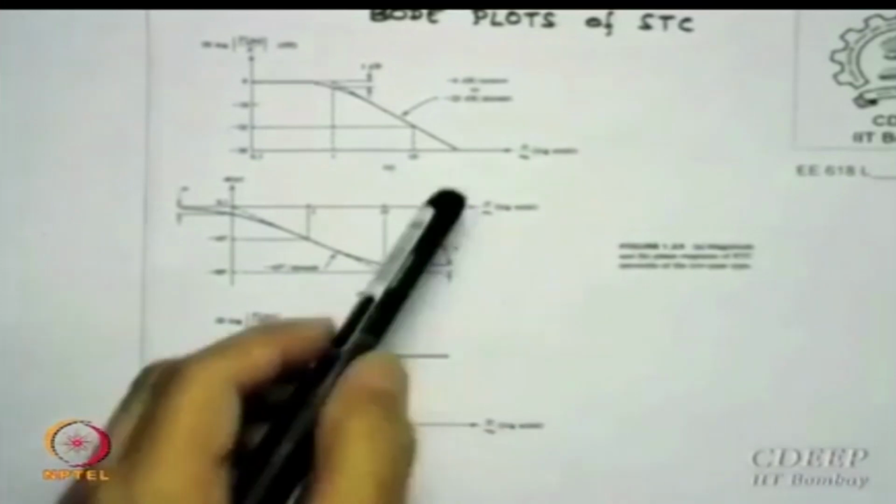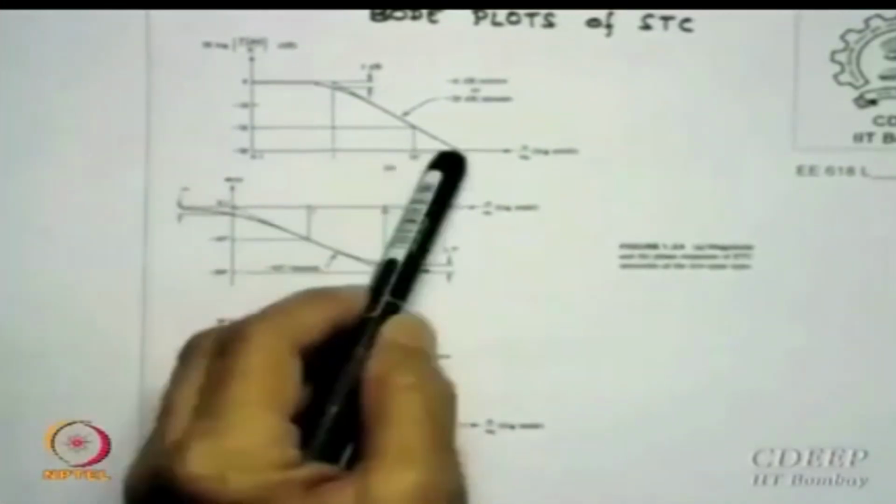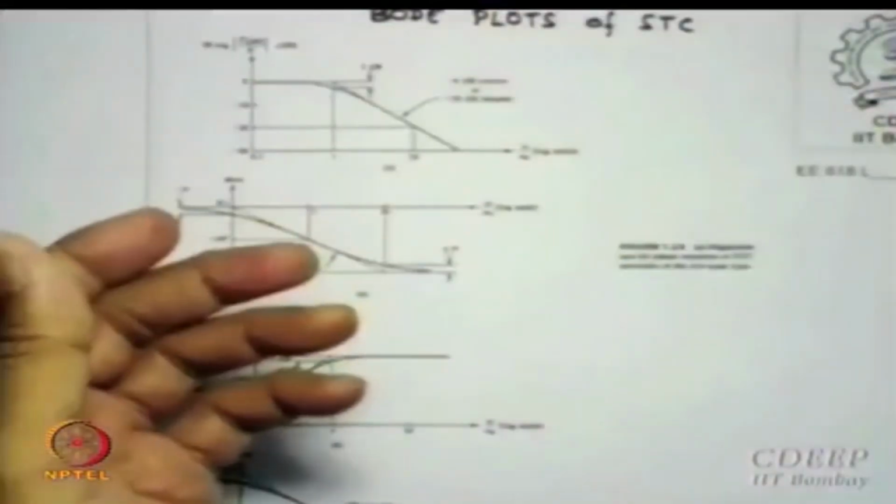So this is essentially minus 20 dB per decade is the fall of the gain, and somewhere down here you can see at the frequency, which is high enough, it crosses some limit, but since it is minus there is no point of calling 0.